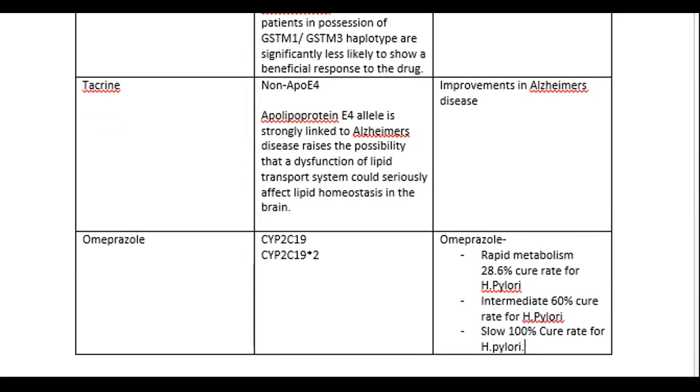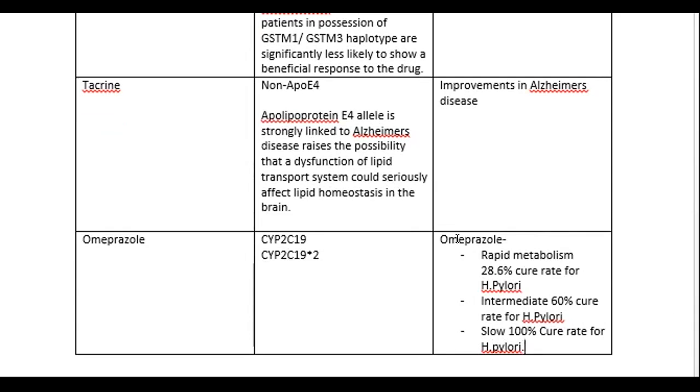This omeprazole is being metabolized by the CYP2C19 or the subclass CYP2C19 star 2 variant. If it is being metabolized by this enzyme, then in rapid metabolizers, its concentration is decreased.